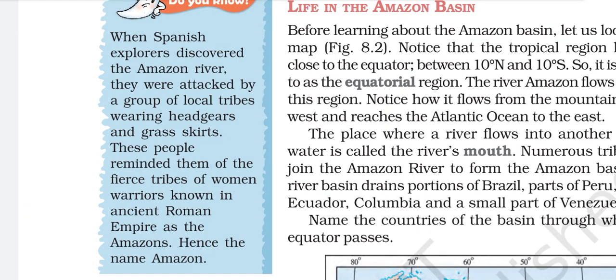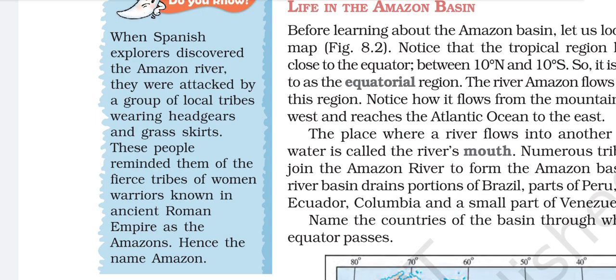When they were attacked by these tribal people, that reminded them of the fierce tribes of women warriors known in the ancient Roman Empire as the Amazons. The Roman Empire was in Italy, and there were some women who belonged to tribes and were also warriors.